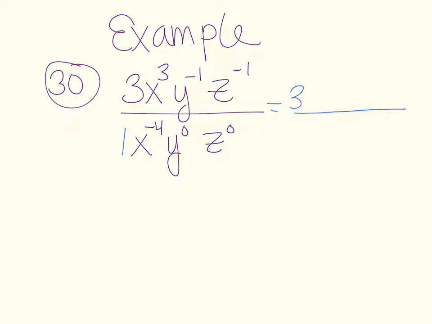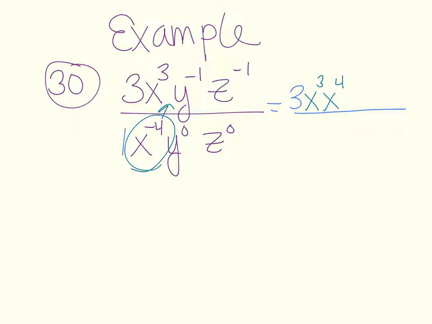Then I want to see what I can simplify. Any negative exponents, I'm going to bring up or bring down so that those exponents become positive. So the first thing I'm going to do is take x to the 4th and bring it up, so that up here we have x cubed and then positive x to the fourth.